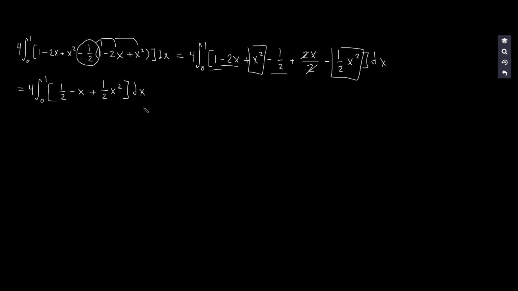So now, what are we doing here? 4 times the integral from 0 to 1 of 1/2 integration with respect to x, minus the integral from 0 to 1 integration with respect to x, plus the integral from 0 to 1 of 1/2 x squared. Honestly, I probably could have just factored that out.